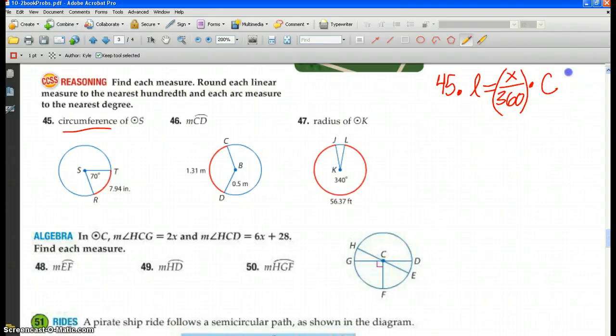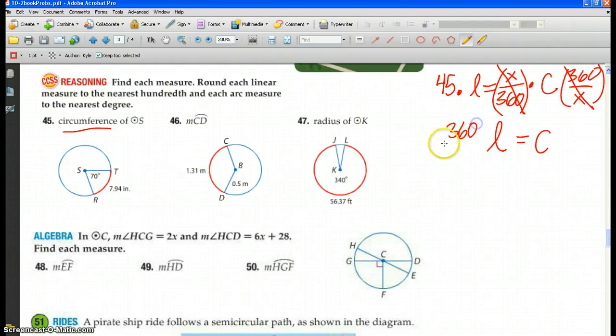By multiplying by 360 over x, it would cancel, and we would get C is equal to arc length times 360 over x. So that's what we need to do to find the circumference.